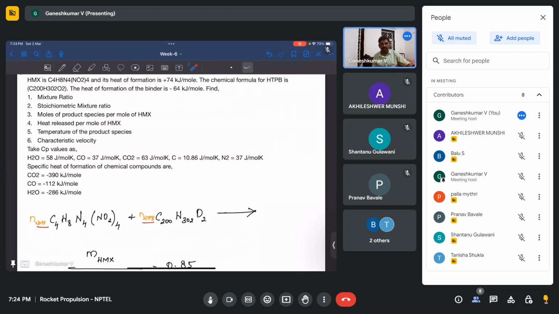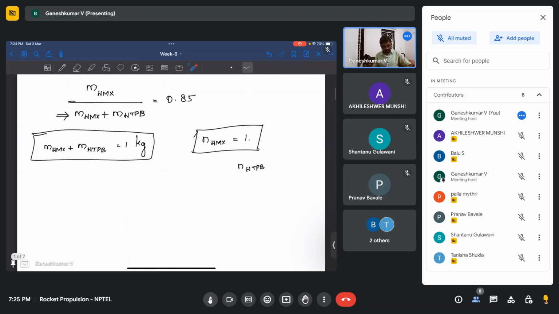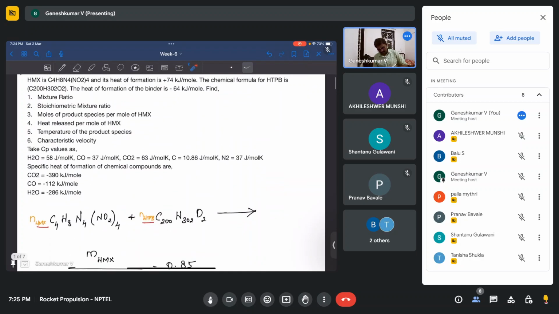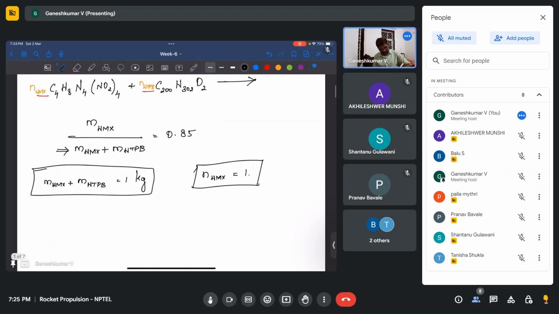So since a lot of the questions talk about per mole of HMX, it's easier to take the number of moles of HMX to be 1. Then, as Shantanu said, you can put it here and get the number of moles of HTPB.